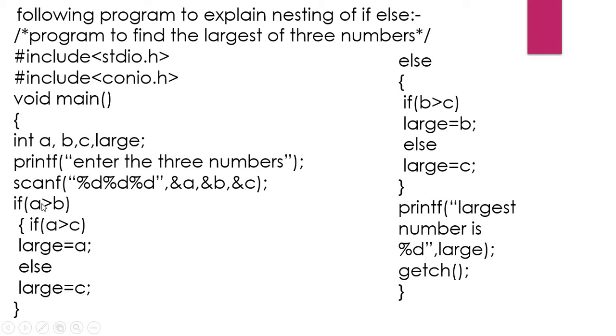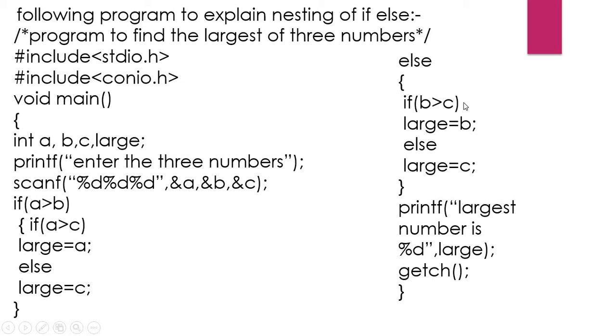Else, if these conditions are not satisfied, meaning A is not greater than B and A is also not greater than C, ultimately the C value is greater. So that answer gets stored again within the large variable. Next part, else.